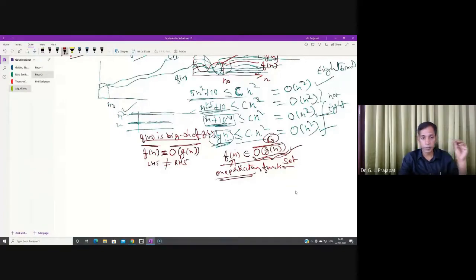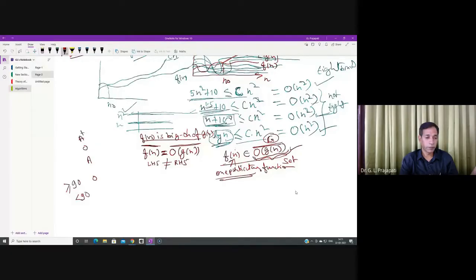Like in our grading system, some students can obtain the A plus grade, some students can obtain the O grade. If you have greater than or equal to 90 marks, you have the O grade.